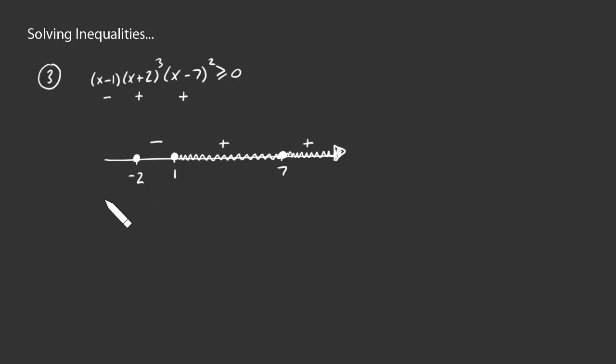What about to the left of -2? If I have something to the left of -2, something less than -2, and I subtract 1 from it, it just stays negative. If I have something to the left of -2 and I add 2 to it, it's not going to be enough to make it positive. It's still negative. And when I cube that negative, it's going to stay negative.